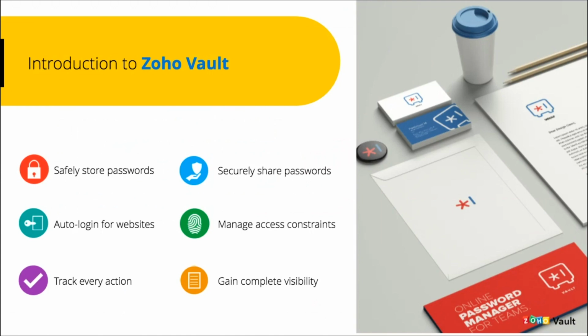Sharing passwords with Vault is easy and extremely secure because you can share your passwords with one of 4 different permissions like one-click login, view, edit, and manage permissions. So what are these permissions all about? When you share passwords with one-click login privilege, it restricts users from viewing passwords in plain text within Zoho Vault's interface, and it allows them to only log in and access the accounts without viewing passwords.